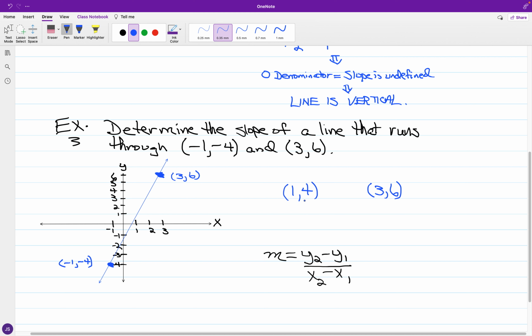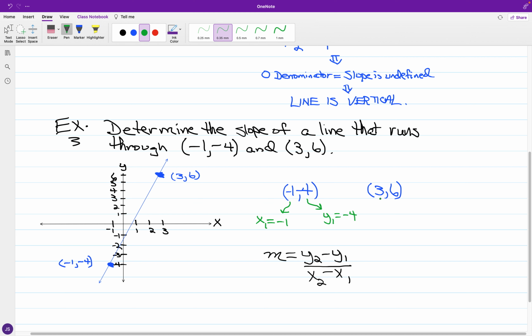Now, it doesn't matter which one we have as the first set, but since (-1, -4) is provided first, say we have x1 is equal to -1, and y1 is equal to -4.